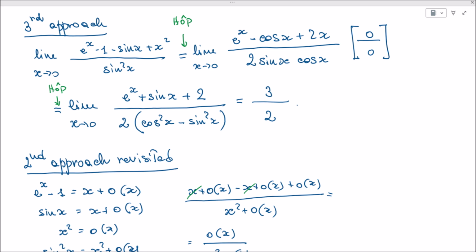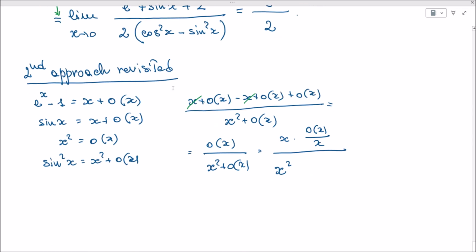We can divide and multiply the numerator by x, so we get x times little o of x divided by x, and then we can factor out at the denominator x squared, so that we have 1 plus little o of x squared divided by x squared.